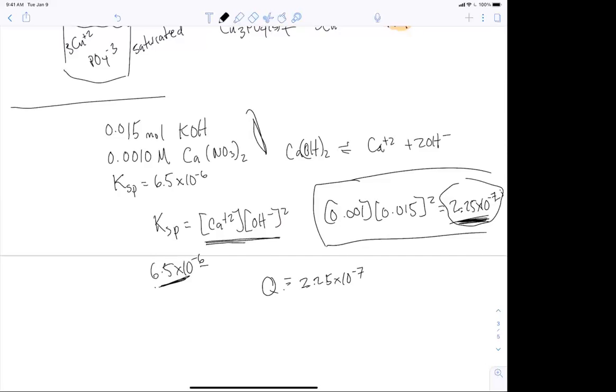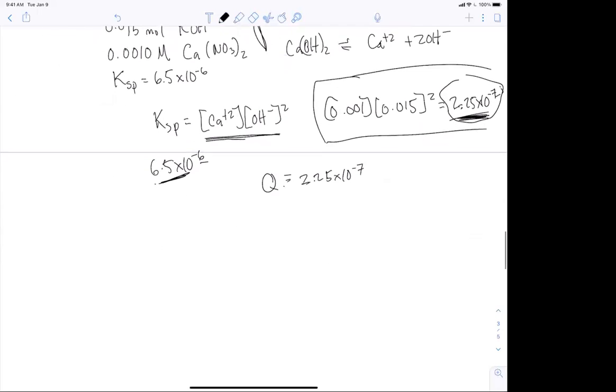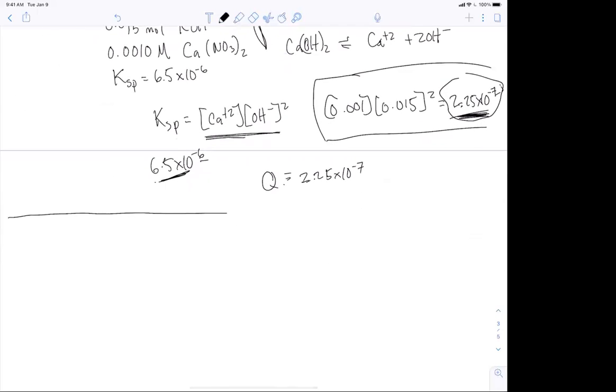Oh good, it's a kinetics question. We've got ammonium and nitrous acid forming nitrogen gas and water. What is the average rate?